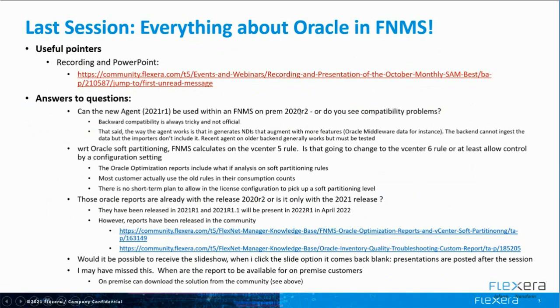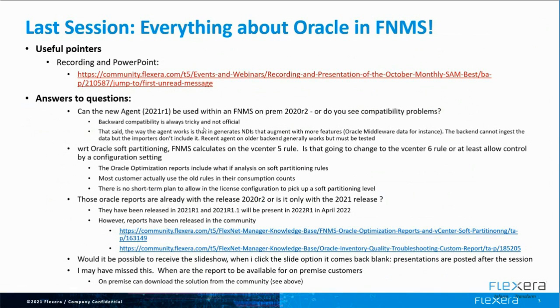And the answer is, and I already gave this answer in the very first presentation I made, backward compatibility is not official and is a little bit of a tricky thing. However, the way the agent works and the way it generates the NDI file that will augment with more features, let's say Oracle middleware or Java, will actually support being imported in a previous version of the database.